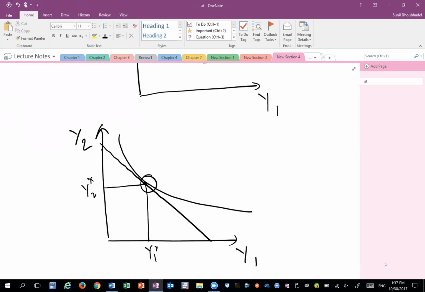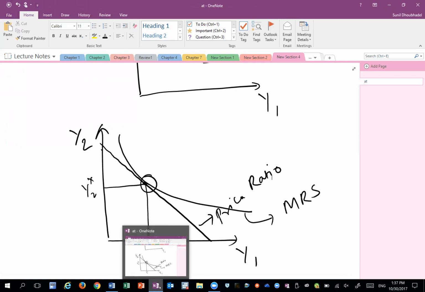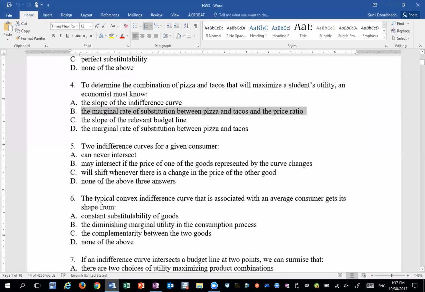So the slope of this indifference curve is the marginal rate of substitution, or MRS. The slope of the budget line is given by the price ratio. Okay, so you need to know both of those to know whether that person is maximizing utility or not.